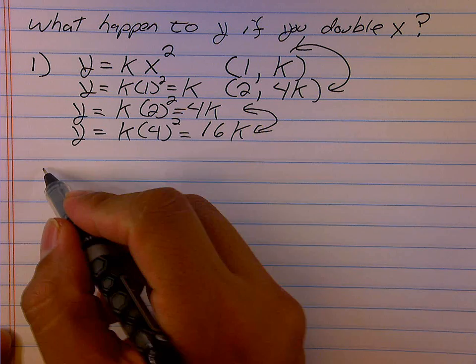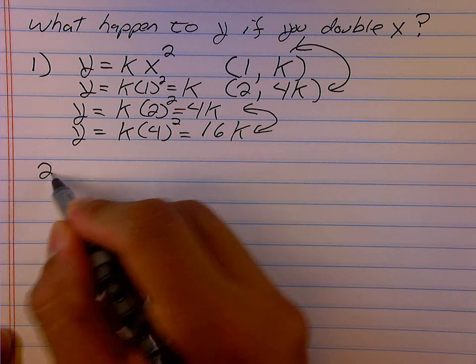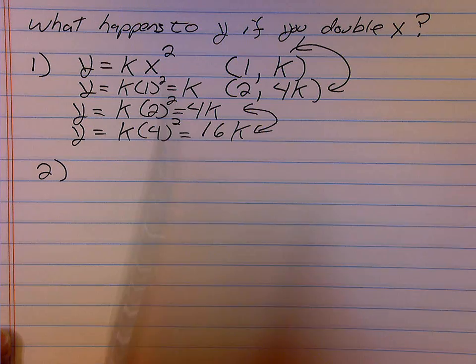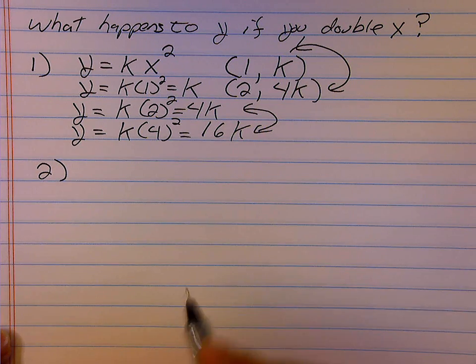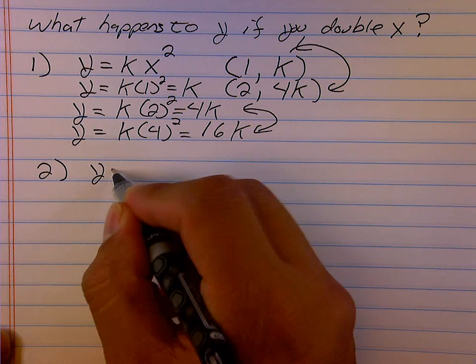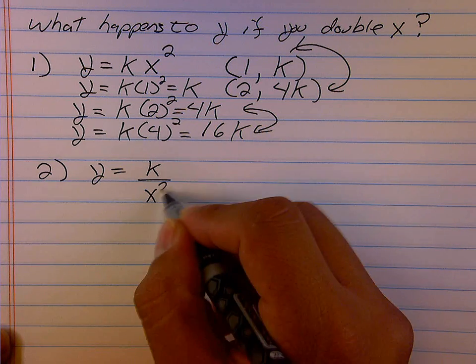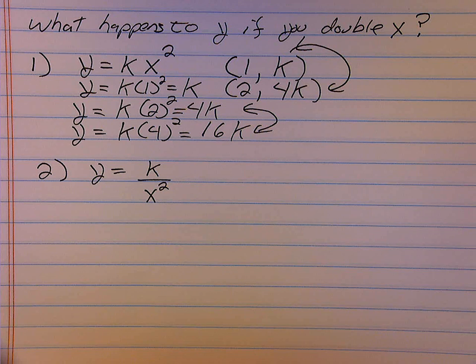With inverse proportionality, same question. What happens to y if you double x? Let's say you have this question. So once again, my technique will be the same. I will plug in 1 for x.